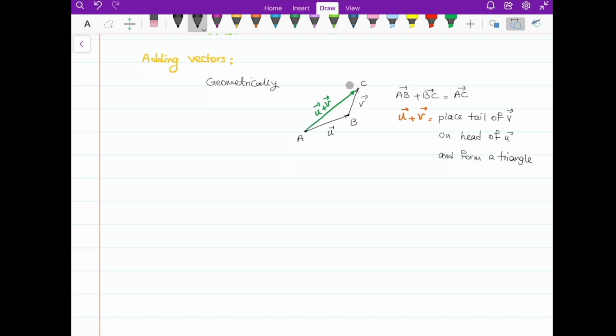And this side of the triangle would be the addition of these two vectors. Okay, we can also visualize it in a parallelogram.